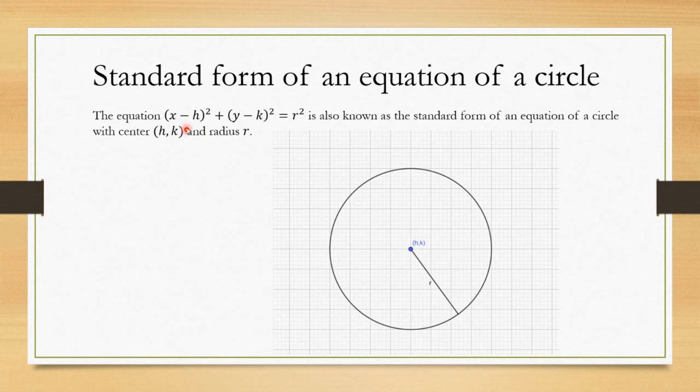Hopefully you can see the pattern: x minus the x coordinate of the center, y minus the y coordinate of the center, and the radius is squared.